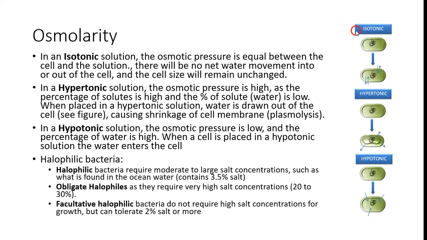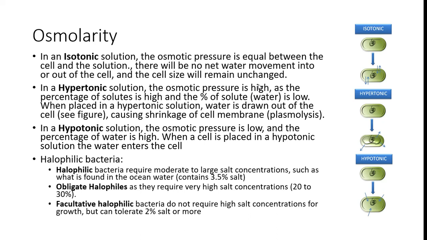Now, that is ideal, but sometimes cells get into environments that may have more solute and less water, or less solute and more water, than where they currently live. So let's talk about a hypertonic solution. If it is hypertonic, then the osmotic pressure is high, which means you have a lot of solutes, a lot of particles, in the aqueous solution.